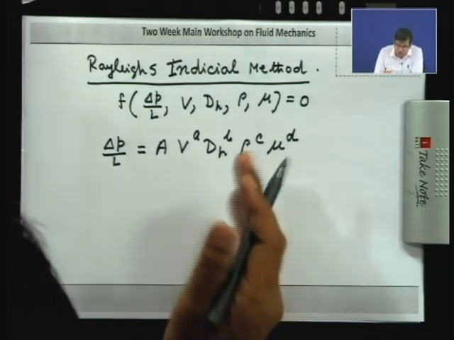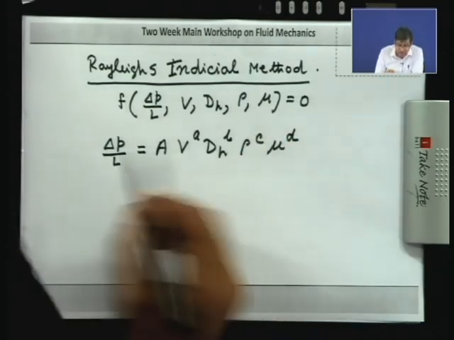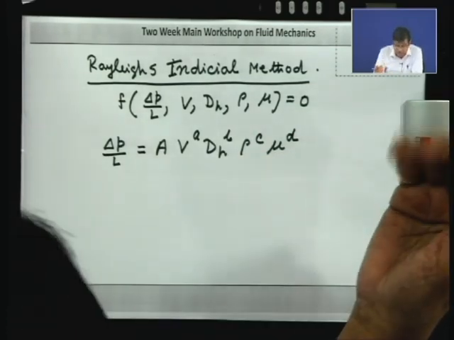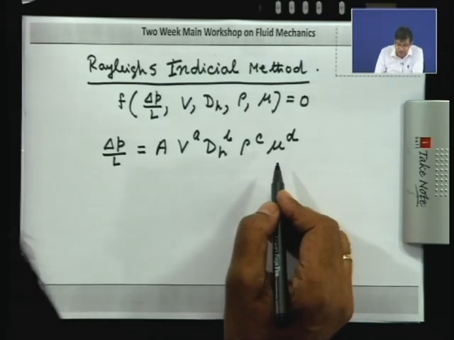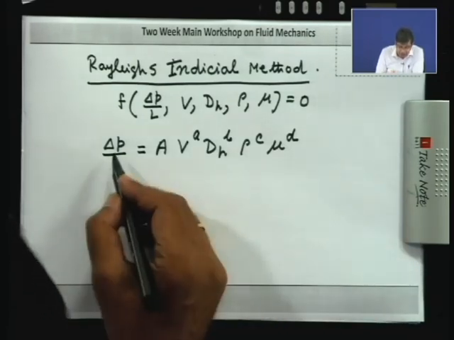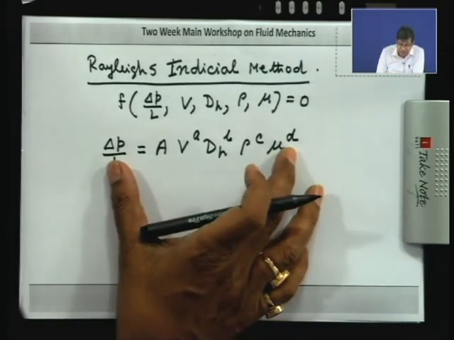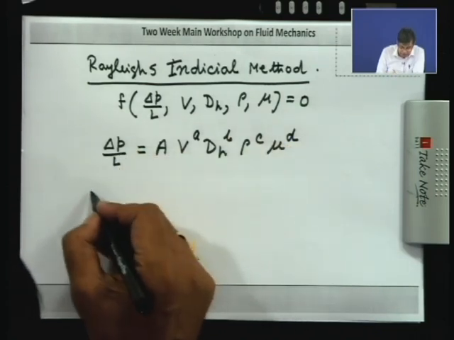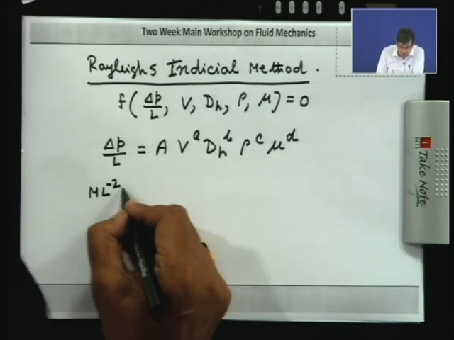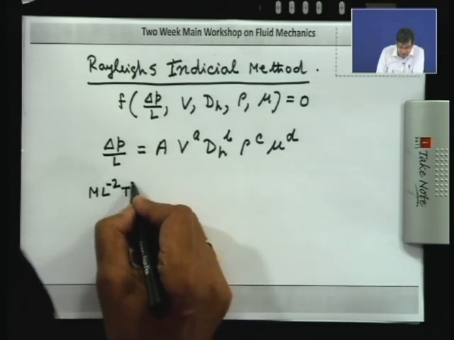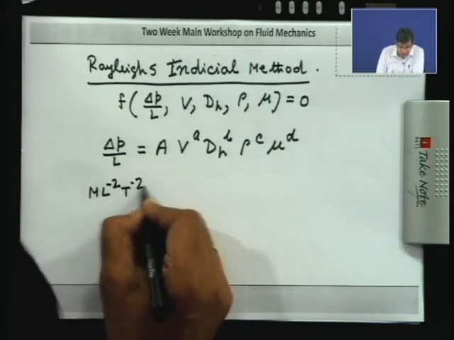It is almost similar, but a little different. I do not know which one will appear to you very simple, but Buckingham's theorem is relatively simple as I understand. Then what is done? You just put the dimensions on both sides. What is delta p by L? M L to the power minus 2 t to the power minus 2. What is delta p by L?